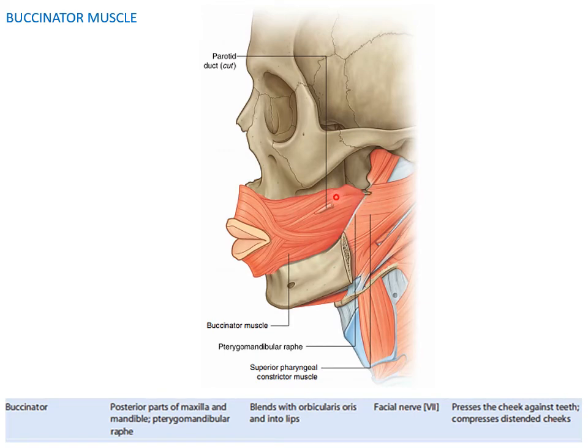Its fibers blend with the fibers of the orbicularis oris into the lips. This muscle is supplied by the facial nerve, and its function is that it presses the cheek against the teeth, and it also compresses the distended cheeks.